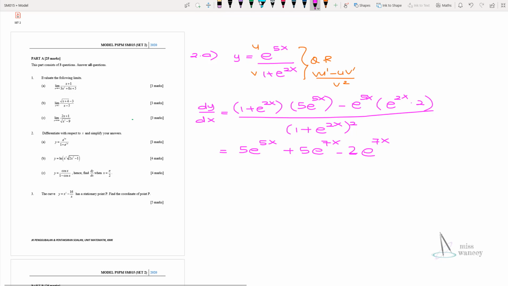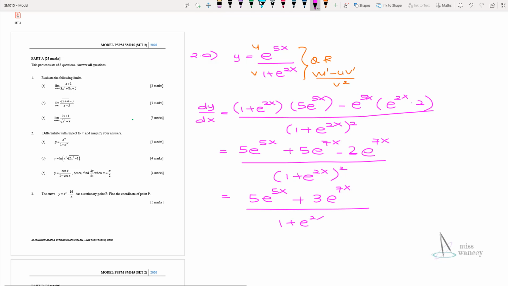Okay, so everything over (1 plus e to the power of 2x) square. So I'm going to simplify them. I have 5e to the power of 5x, and then 5 minus 2 will become 3e to the power of 7x, over (1 plus e to the power of 2x) square.